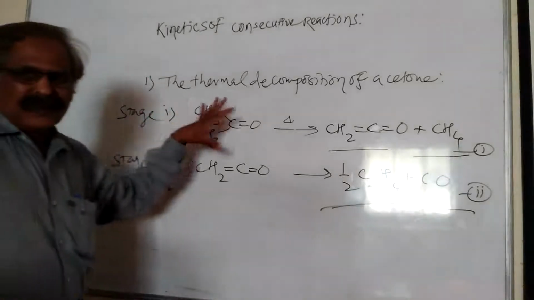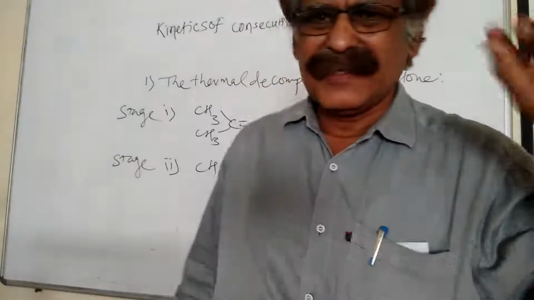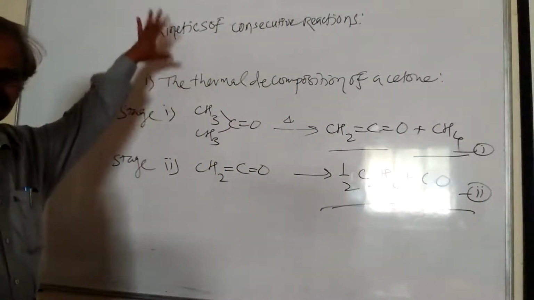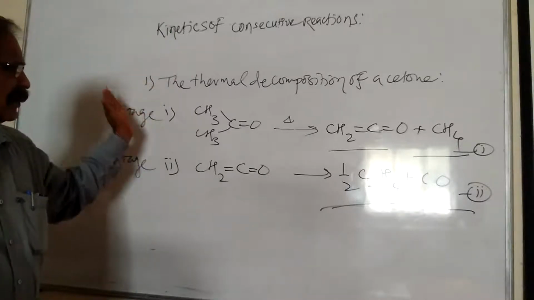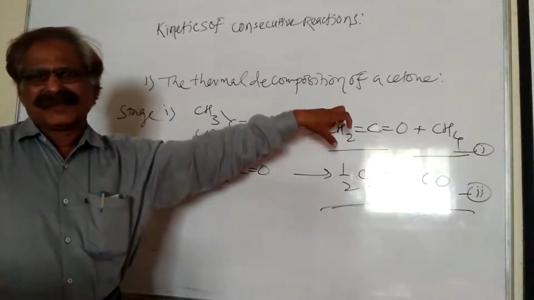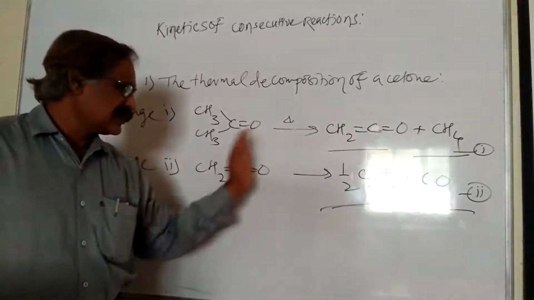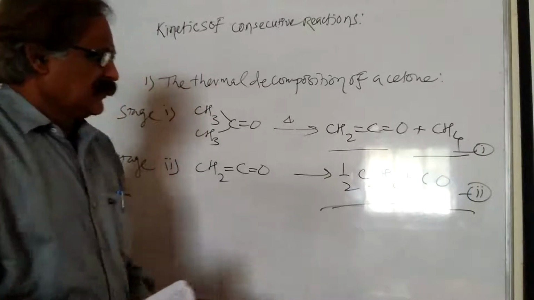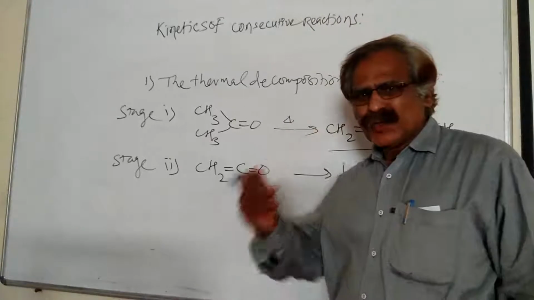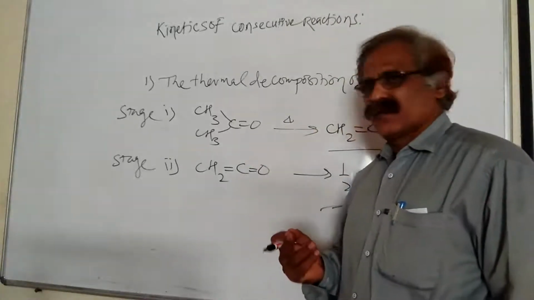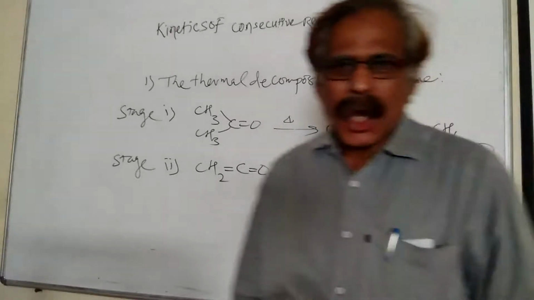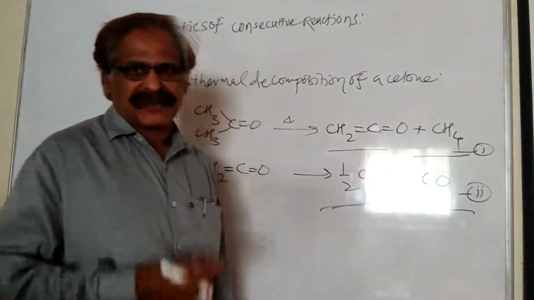So here when we look at this reaction, in first stage the reactant reacts and gives a new product, and that new product later on gives the final product. So in this way, this reaction takes place in two stages and therefore is known as consecutive reaction or sequential reaction.